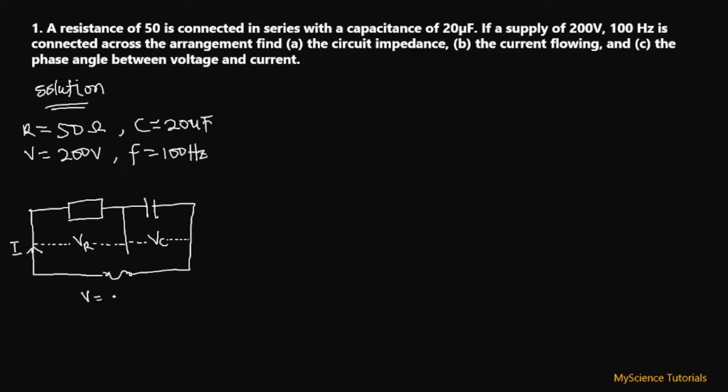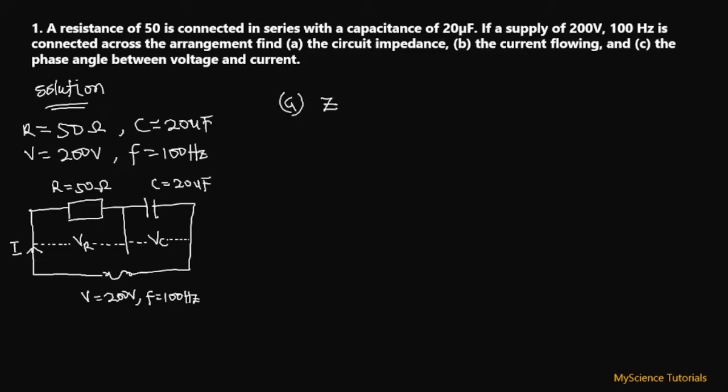Then we have our voltage given to us to be 200 volts with 100 hertz frequency. Then we have our capacitor having a capacitance of 20 microfarad, and our resistor has a resistance of 50 ohms. Okay, so the first thing we want to look at is to find the impedance of the circuit.